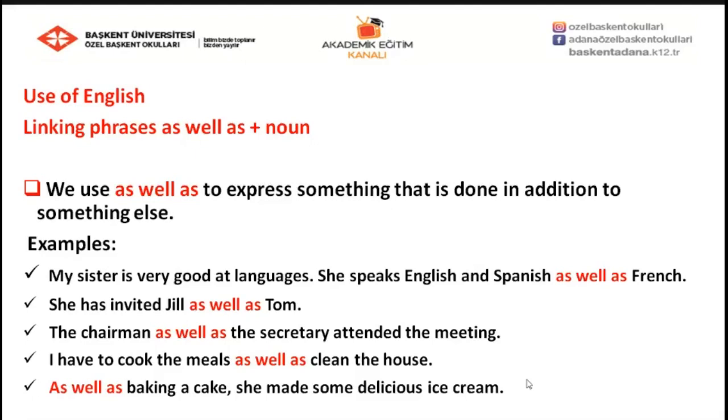She speaks English and Spanish, as well as French. She has invited Jill, as well as Tom. The chairman as well as the secretary attended the meeting. I have to cook the meals as well as clean the house. As well as baking a cake, she made some delicious ice cream.